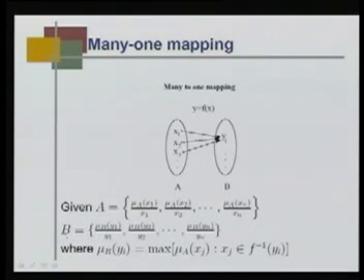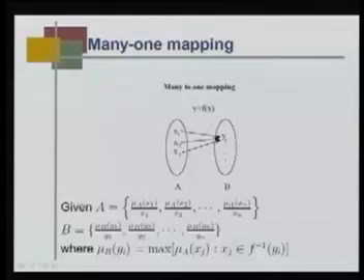Similarly, there is many-to-one mapping. In many-to-one mapping you see that here x1, x2, x3 are all mapped to y1 and so on. That means there are many members in A that are mapped to the same member in B. Like here, 3 members in A are mapped to a single member in B. That is many-to-one mapping through the mapping y equal to f(x). A simple example is y equal to x square.